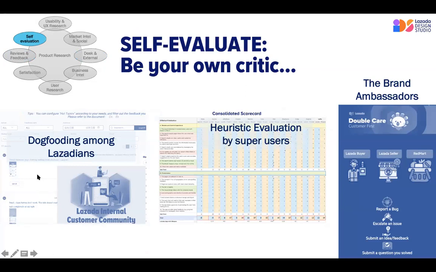This also appears in the portal which I showed you, but as a separate section, segregated between users versus Lazadians.